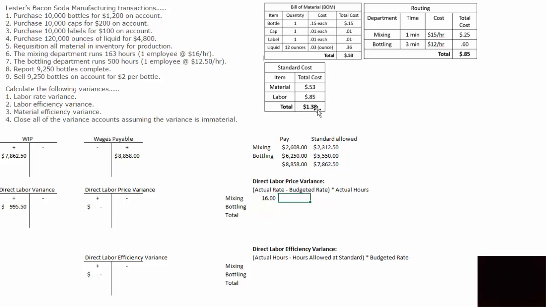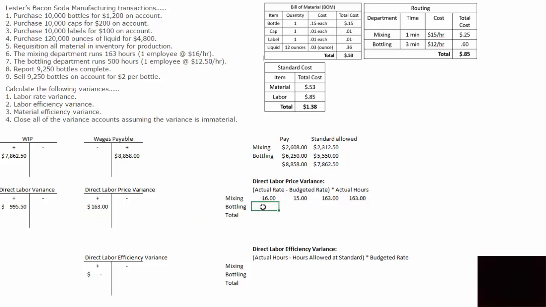My budgeted rate comes from the standard cost, $15 an hour. Actual hours are 163. So I work this formula. Order of operations are very important: 16 minus the 15 times the 163. We have a $163 unfavorable direct labor price variance from the mixing department.